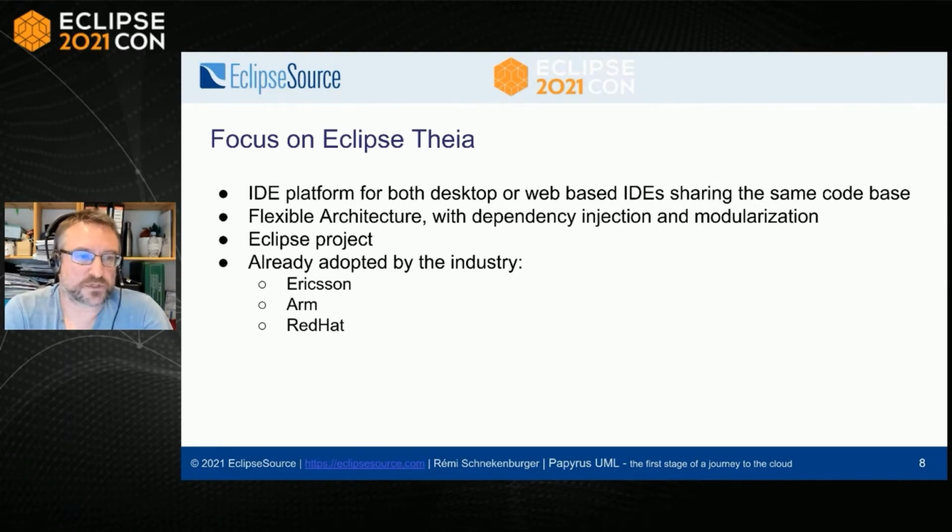One great thing also is that it's an Eclipse project, which means that it's an open source tool, and you can rely on vendor-neutral tool development, which is great. You know that you can rely on these kinds of technologies. And it has already been adopted by the industry.